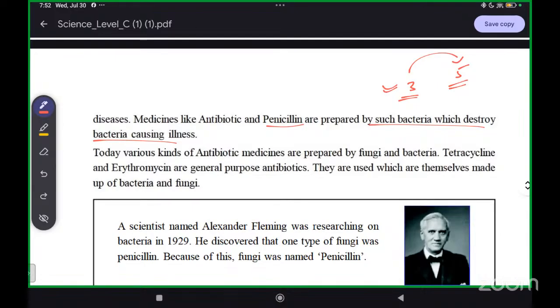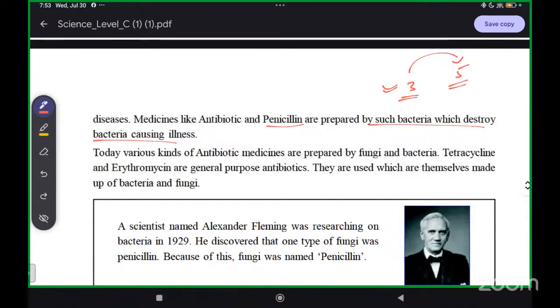If we are coughing or sneezing, we take some particular tablets. Yes, they may contain a little amount of antibiotics, but they are mainly for the allergy.